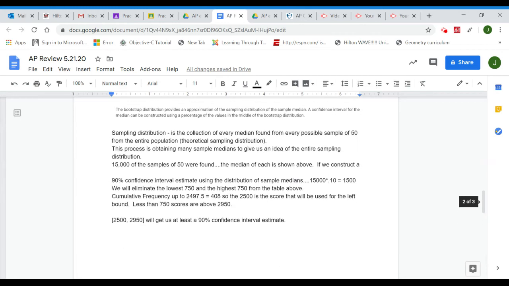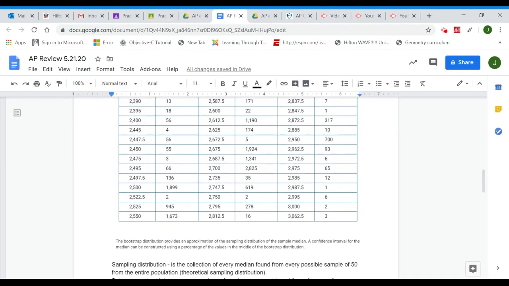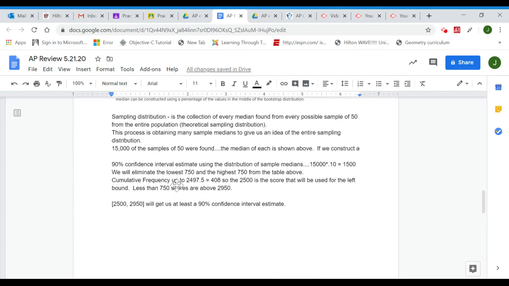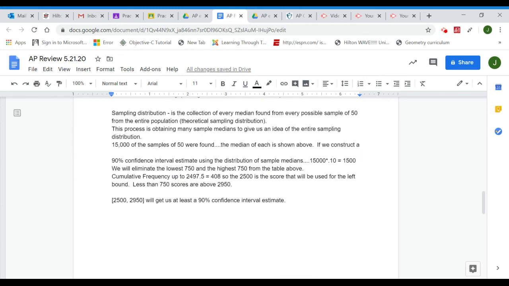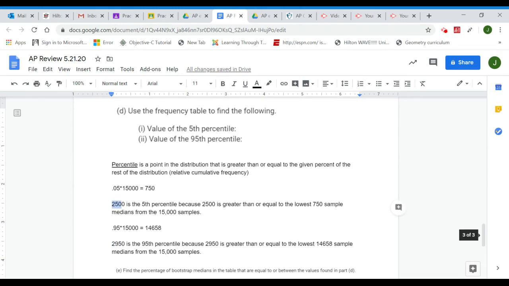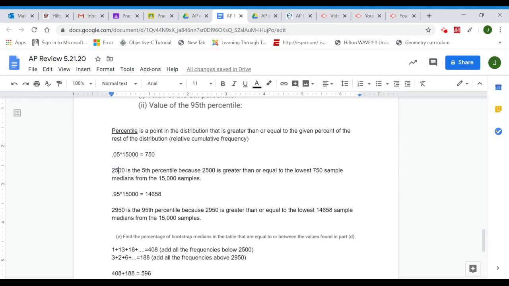Well, because when we go up here, we get to 408 right here. It's not quite 750, but this takes us over the 750 mark when you do the cumulative frequencies. So the 5th percentile is at 2,500 because that value is greater than or equal to the lowest 750.